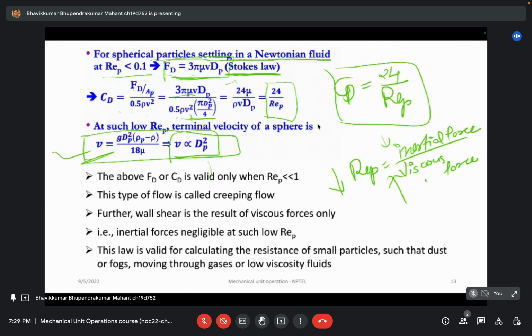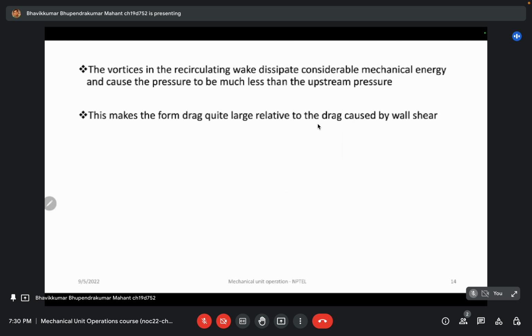And this law is valid for the resistance of small particles such as dust or fogs moving through gases or such low viscosity fluids. So these are some examples of when this kind of law is pertinent. The vortices in the recirculating wake dissipate considerable mechanical energy and cause the pressure to be much less than the upstream pressure.